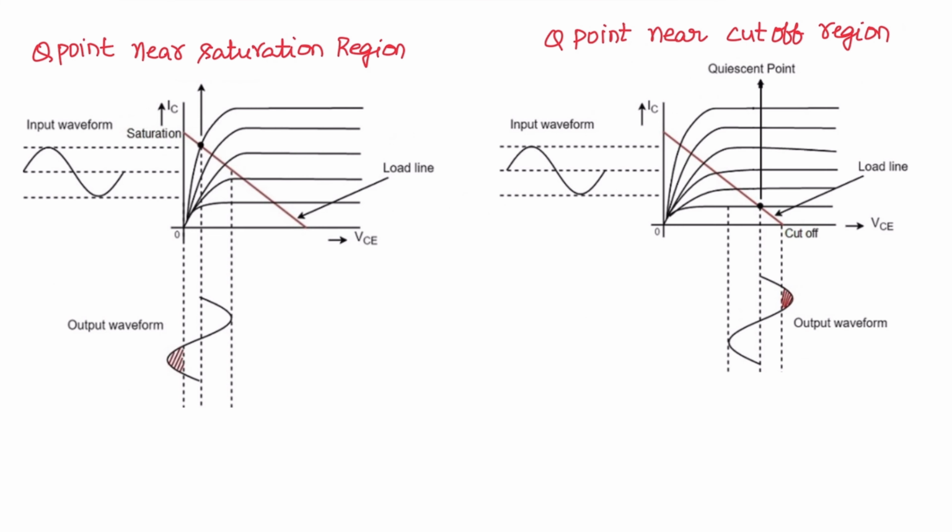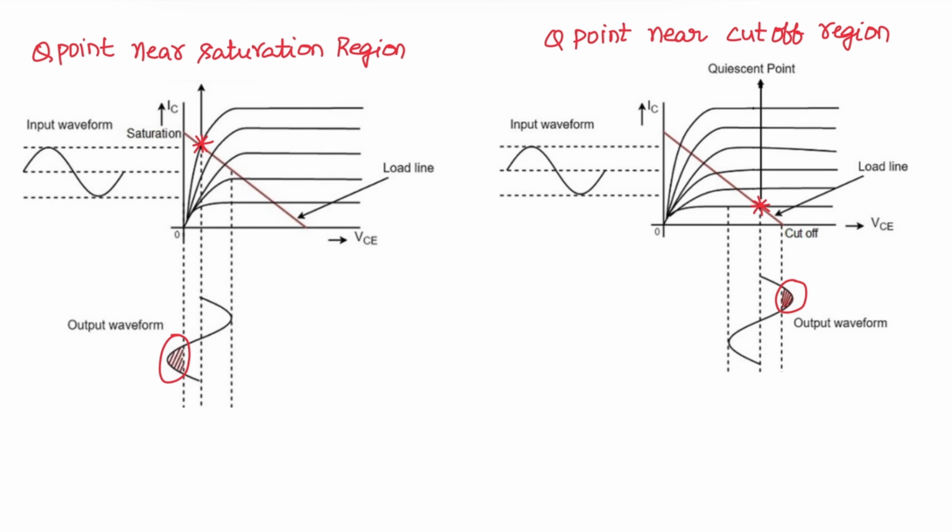If the Q point is close to saturation region, in this case, a portion of output signal is clipped. Signal excursions will take place. Similarly, if Q point is close to cutoff region, then a portion of positive cycle is removed here.